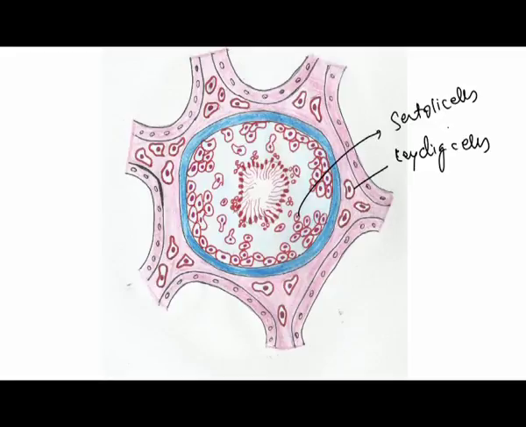That is controlling the developing spermatozoa by providing the nourishment. Now this Leydig cell is controlled by luteinizing hormone, and Sertoli cell is controlled by follicle stimulating hormone. Now this Leydig cell will eventually secrete the androgen, and these Sertoli cells will eventually help the growing spermatozoa.